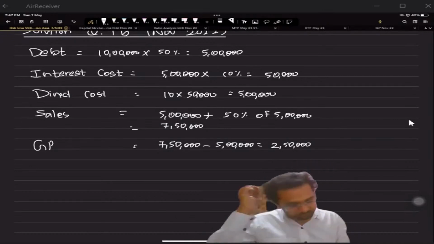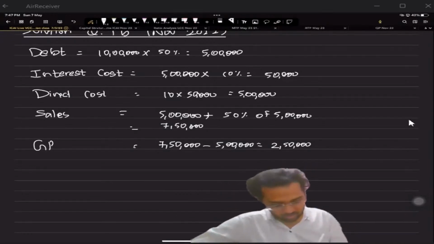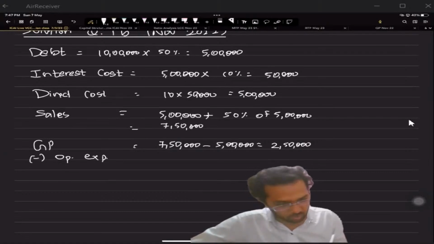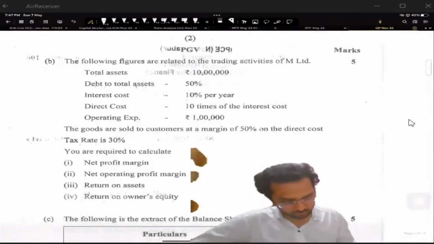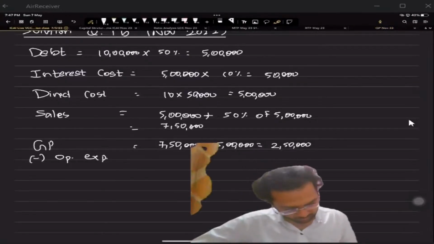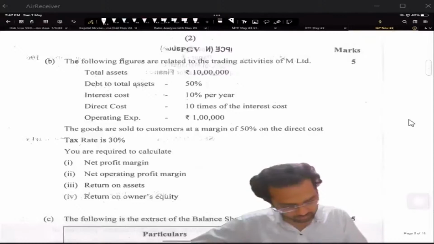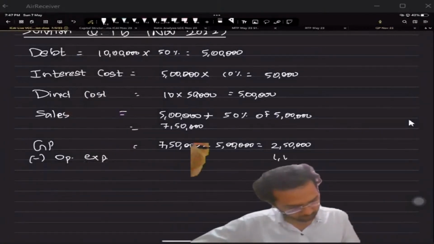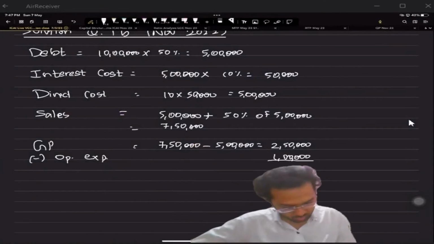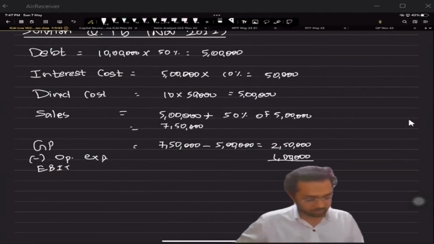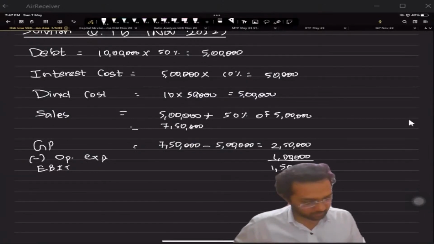2 lakh 50,000, right? And from that GP, you can subtract your operating expenses, because they have given us some operating expenses in the question. Operating expenses is 1 lakh. You get this as EBIT, and EBIT works out to be 1,50,000.